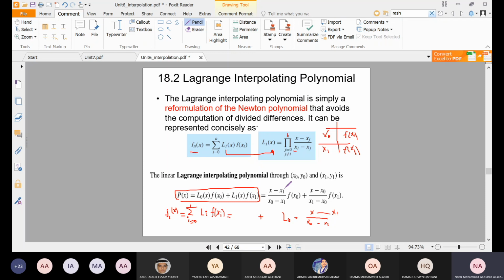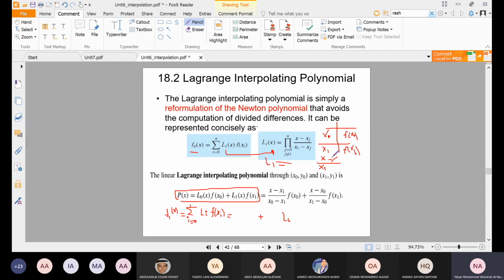The same thing, if you want to find L1. Again, I have here this coefficient is x, and this should be x1 directly. After that, xj should not equal x1. Here I have j from 0 to 1, so j equal 0 and j equal 1.